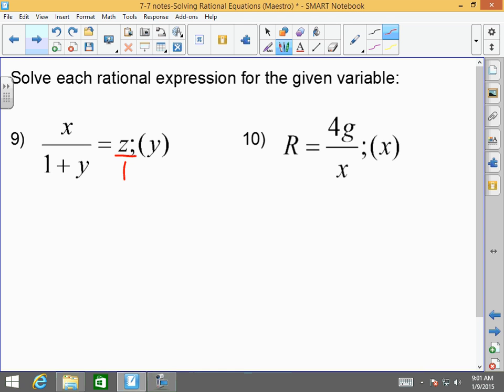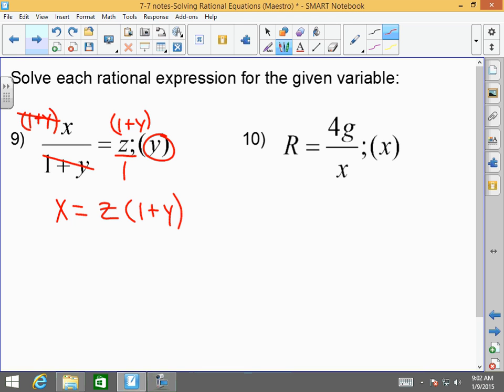What's the LCD? So, multiply 1 plus y to both sides first. Why, Mr. Morrow? Because I'm solving for y, so I need to get y in the numerator. So this 1 plus y cancels out. I've got x equals z times 1 plus y.